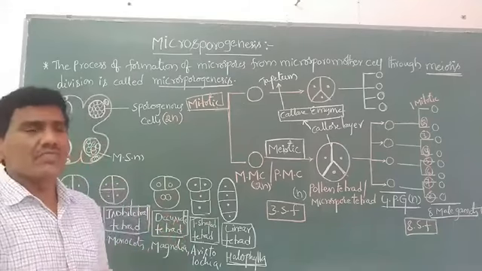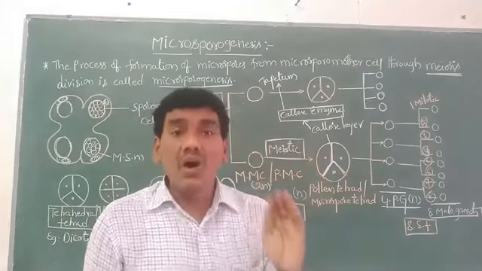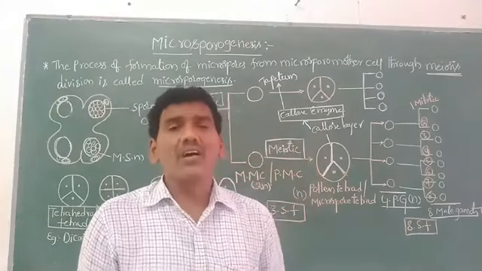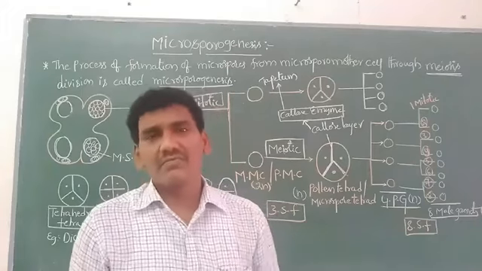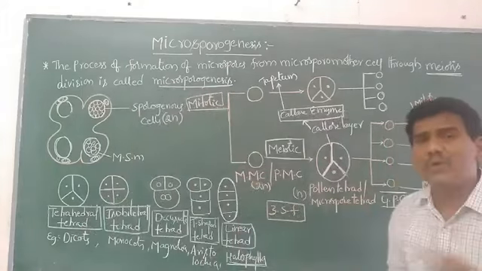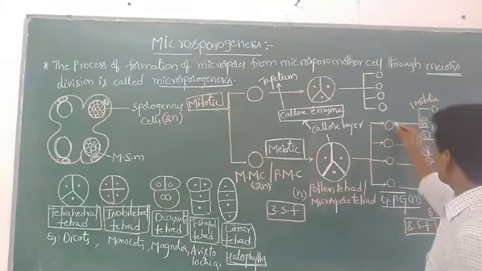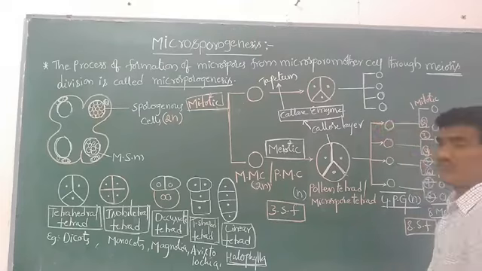Next, how do the male gametes develop from the pollen grain? Totally, how many pollen grains are developed? Four pollen grains are developed. Here, this is one pollen grain.